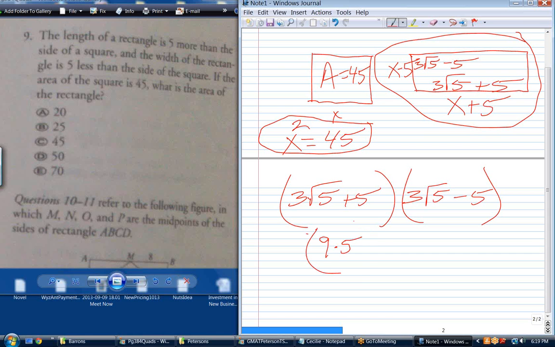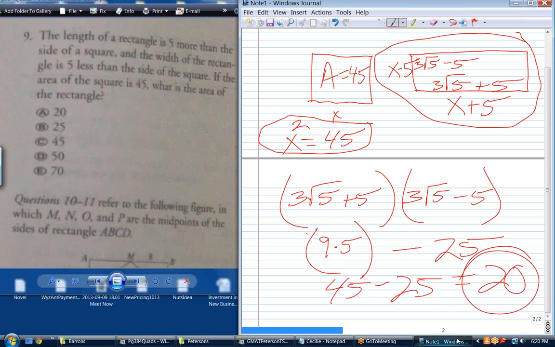So that's the first term. Minus, what's b squared? If b is 5, 25. Okay. So now we have 45 minus 25. That's the area.